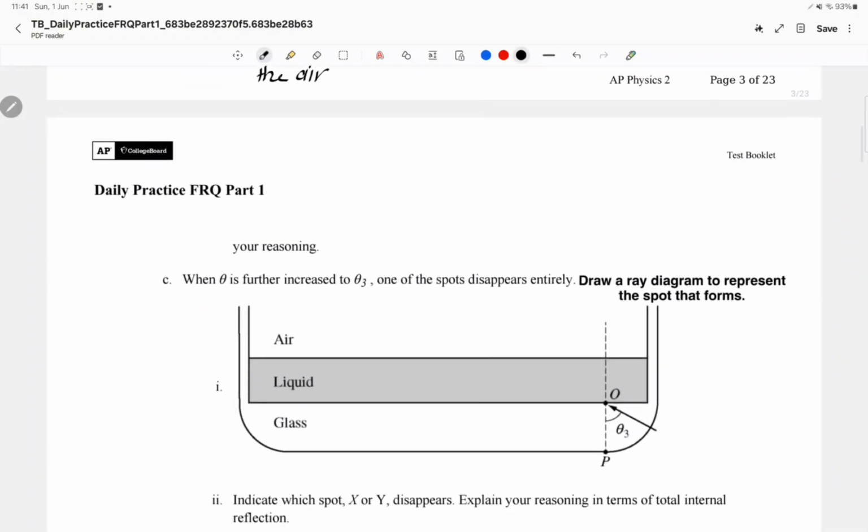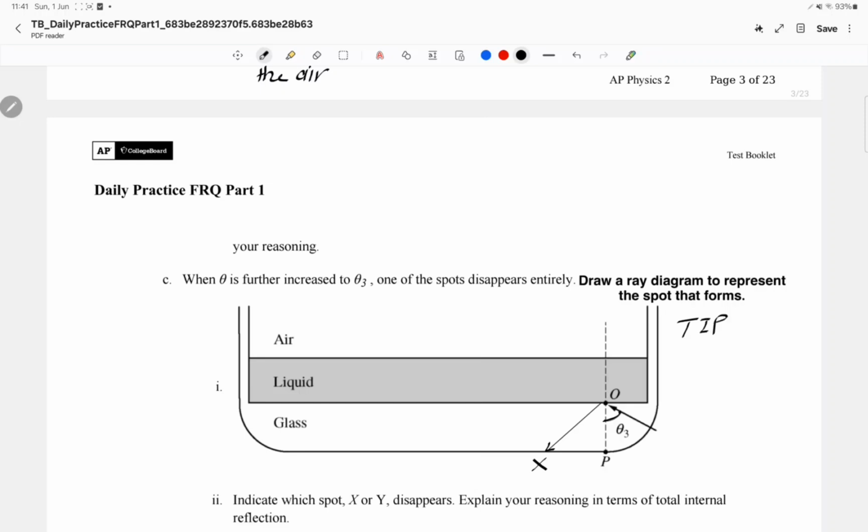When theta is further increased to theta 3, one of the spots disappears entirely. We draw a ray diagram to represent the spot that forms. So now we're still having spot X forming. That would not be affected. But now spot Y is gone. Why?